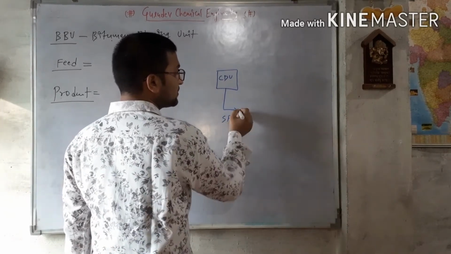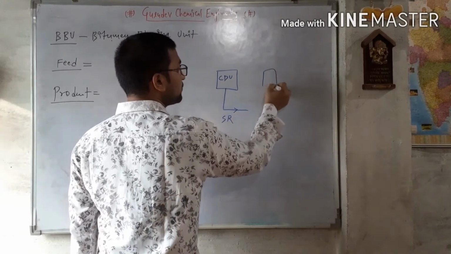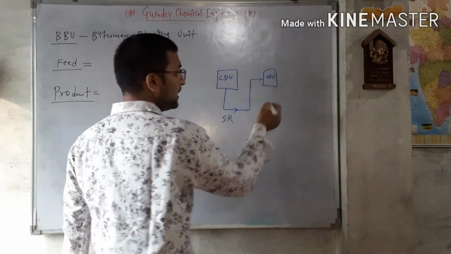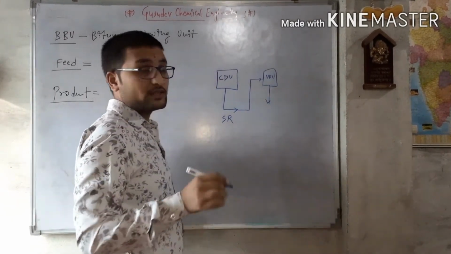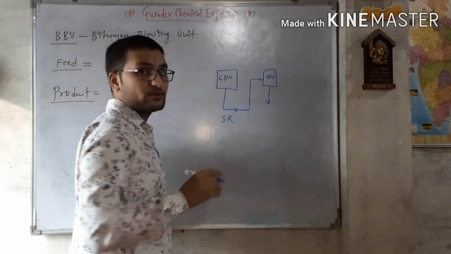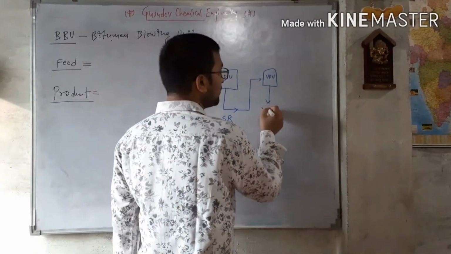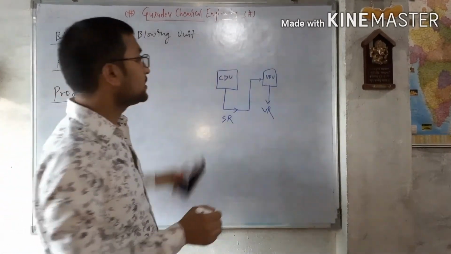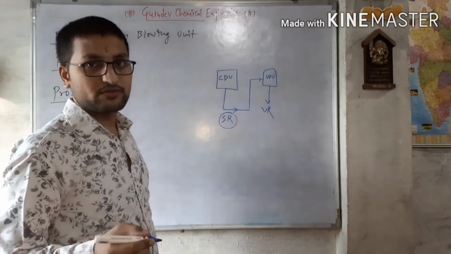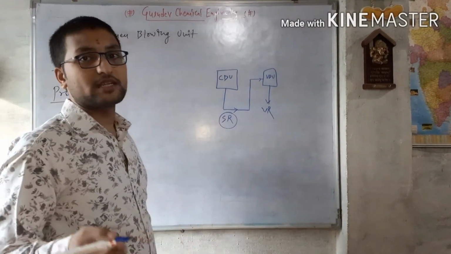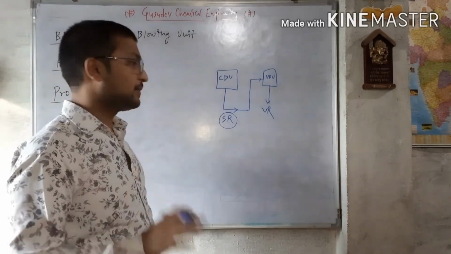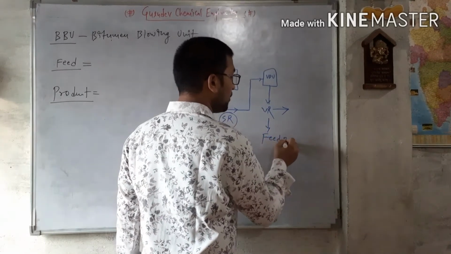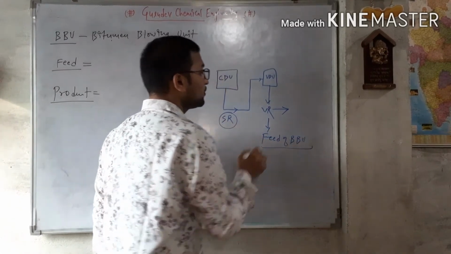The short residue is a feed of the vacuum distillation unit, and its bottom product, that is vacuum residue, is a feed of the bitumen blowing unit, or SR may also be fed to the bitumen blowing unit. That depends on the desirable product or demand. So that is the feed of the bitumen blowing unit.